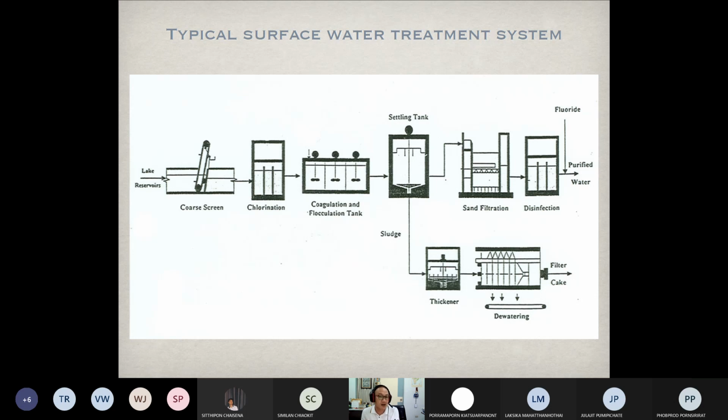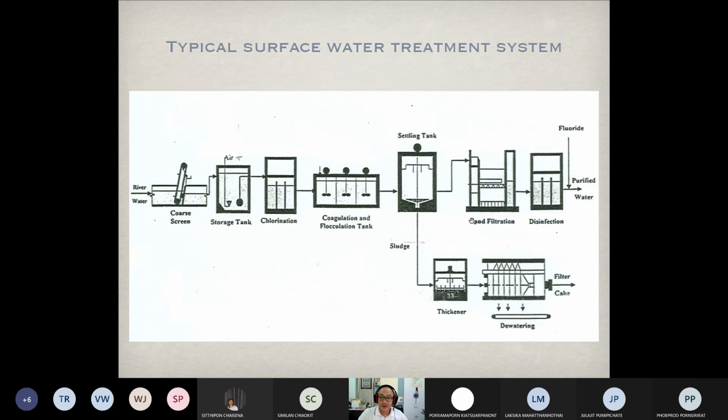Basically, unit process refers to the units that apply chemical and biological reactions to remove contaminants from water. But unit operations depend on the physical characteristics of the contaminants. That is why only a physical process is applied.